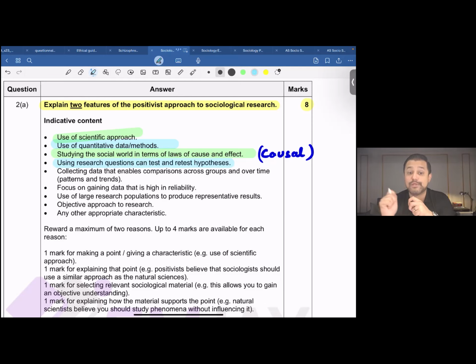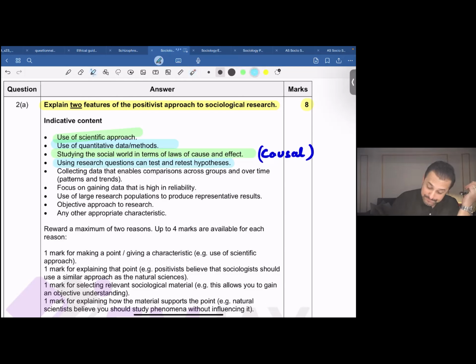I'm sure we all know what a hypothesis is. A hypothesis is a testable theory. The word hypothesis over here refers to multiple hypotheses. So use research questions that are used by natural scientists to be able to test and then retest the hypotheses you have.